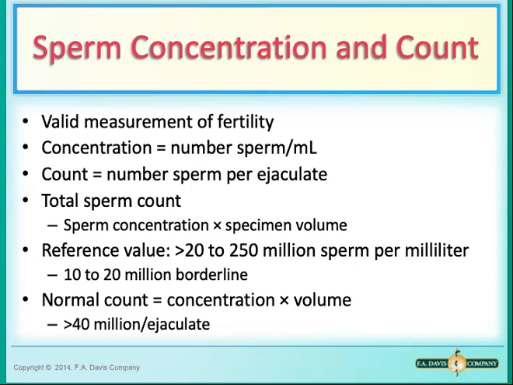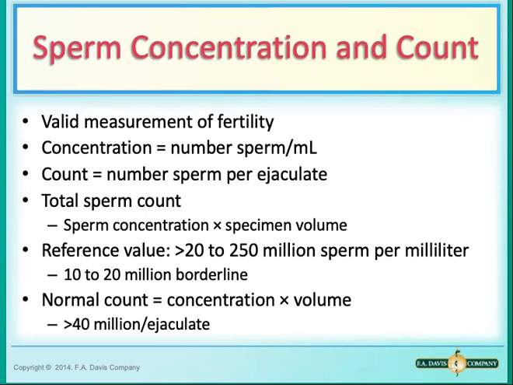There are various factors that can affect sperm concentration. For example, the number of days of sexual abstinence before the collection, infection, and stress can affect the sperm concentration as well. So if you're doing fertility studies, typically we analyze more than one semen sample.